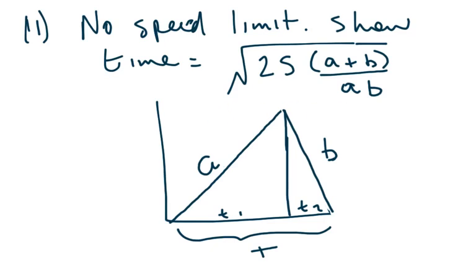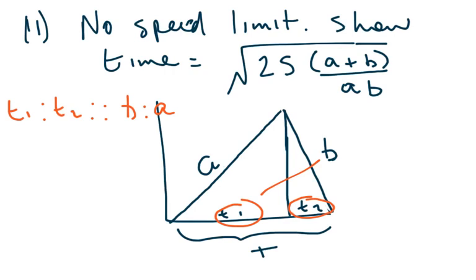Now we're talking about ratios. The ratio of T1 to T2 is the same ratio as B is to A. We discussed this before. B is a bigger acceleration, a bigger deceleration, a bigger magnitude, and it's related to the time here. And equally, A is a slower acceleration than B, and so it's related to the time here.